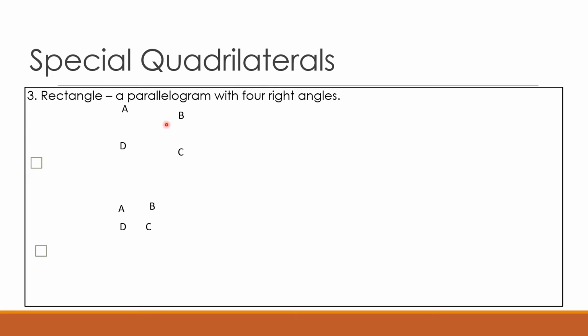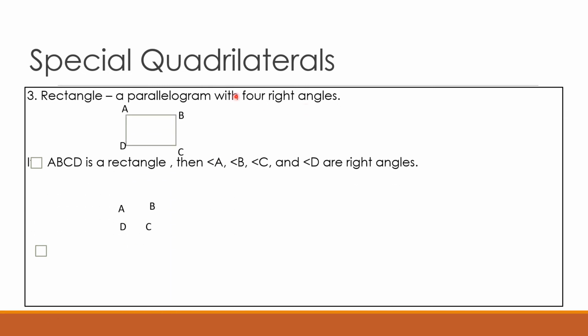Okay? Now, let's have another type of special quadrilateral, which is the rectangle. A rectangle is a parallelogram with four right angles. Alright. Now, look at this. So, we have rectangle ABCD. If quadrilateral ABCD is a rectangle, then angle A, angle B, angle C, and angle D are right angles.